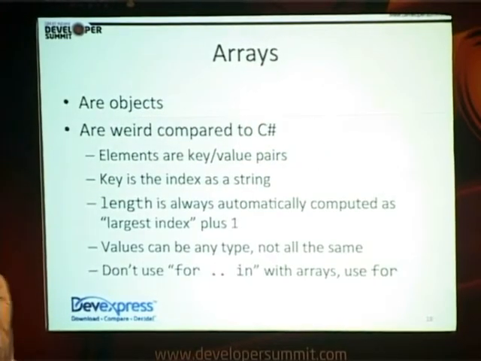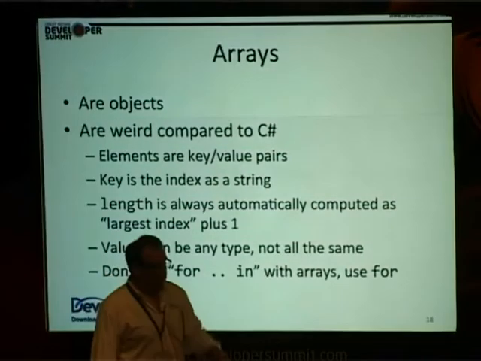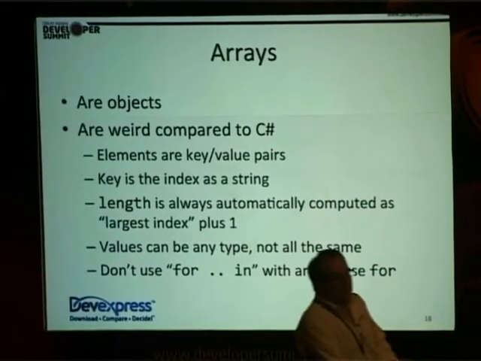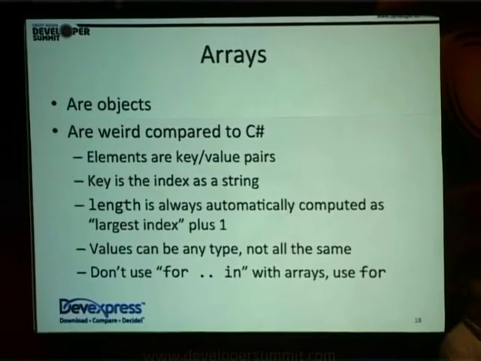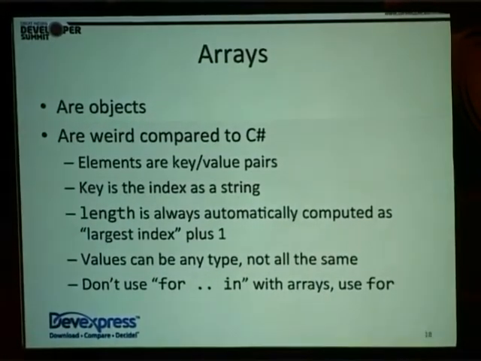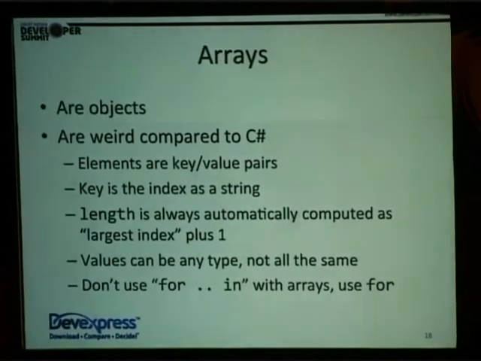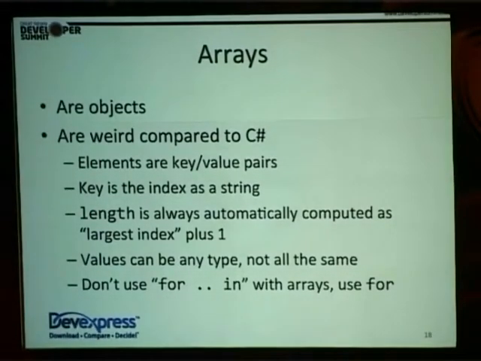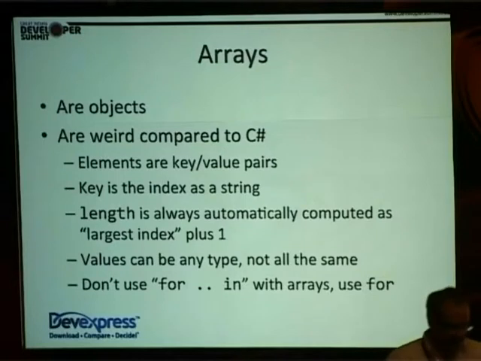Arrays. Arrays are objects, and they're dead weird compared with C#. In C#, you know what an array is? It's a contiguous block of memory equal to the length of the array, and the individual elements are right next to each other, and this is efficient, and everything appears on a memory page and stuff like that.